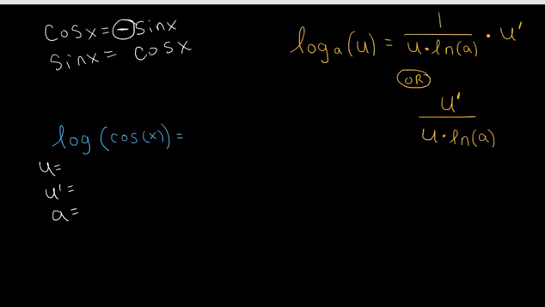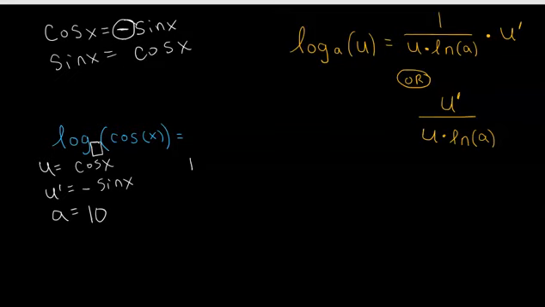So right now, to the problem, we have u, which is going to be cosine x. The derivative is negative sine x. And this letter a, it doesn't look like there's anything there, but anytime you see log and there's nothing in the subscript, there is an understood silent 10. You're going to put that 10 there. So let's go ahead and set this up.